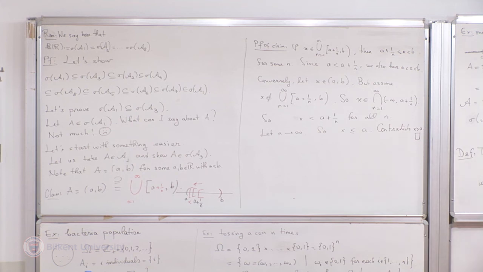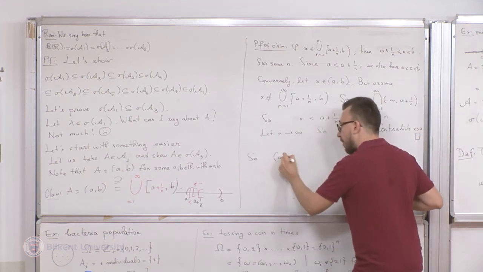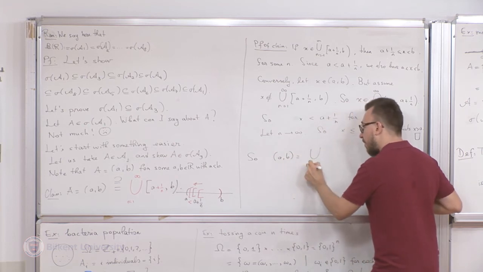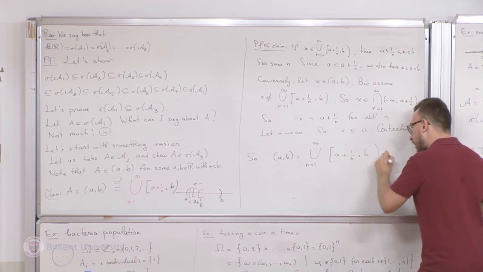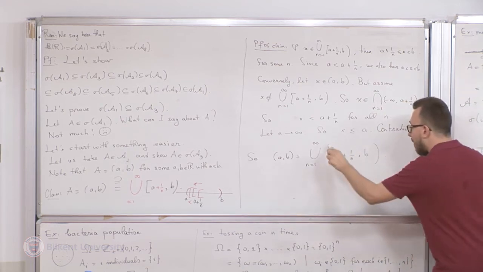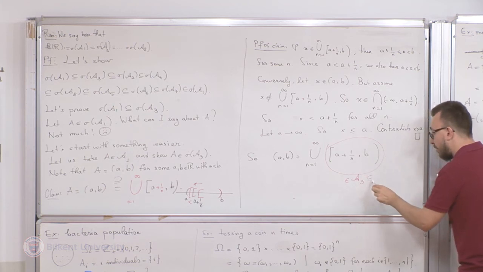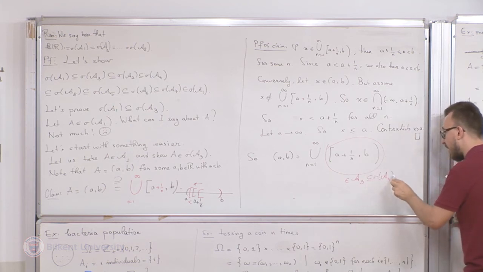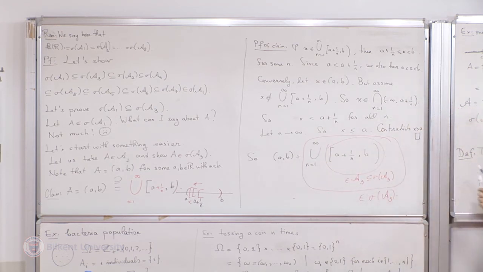But anyway, if we are able to do it, we're done, because it's the union of those things, and each of them is in A3, which means it's also in sigma A3, and it's a countable union of things in sigma A3, so this is also in sigma A3, and we're done.